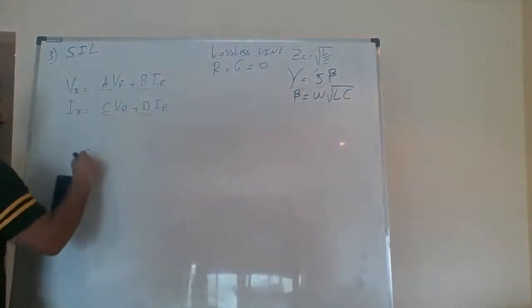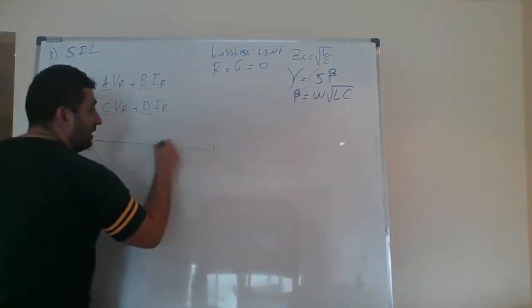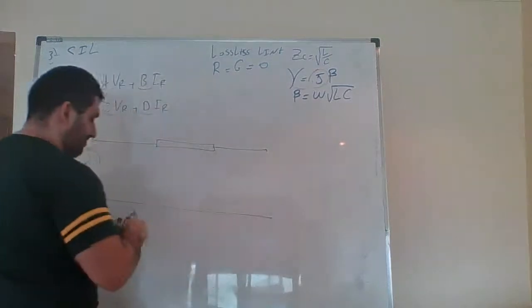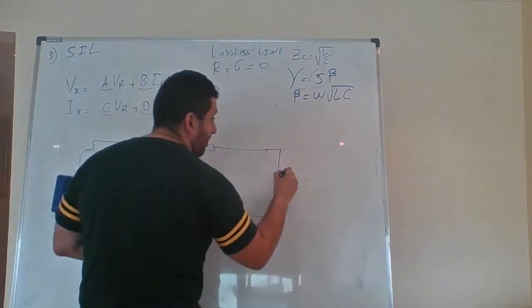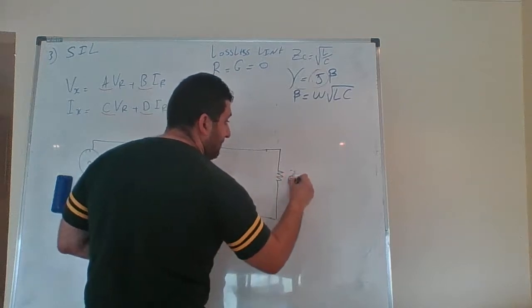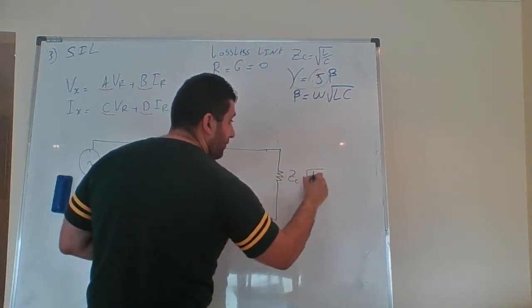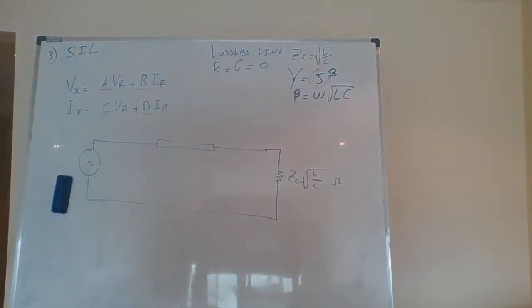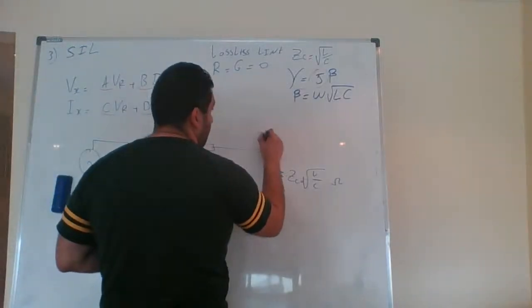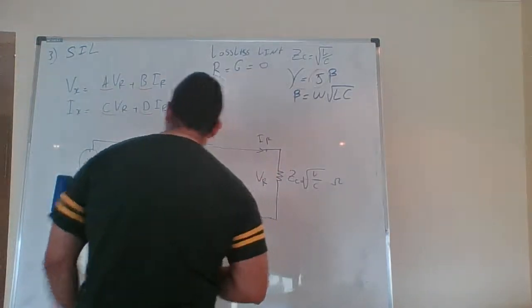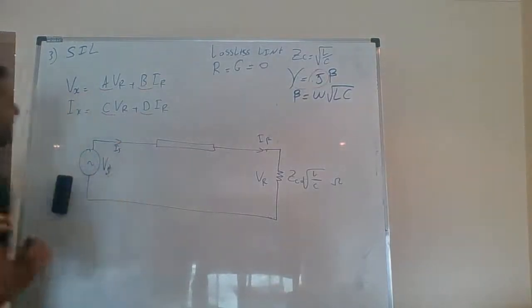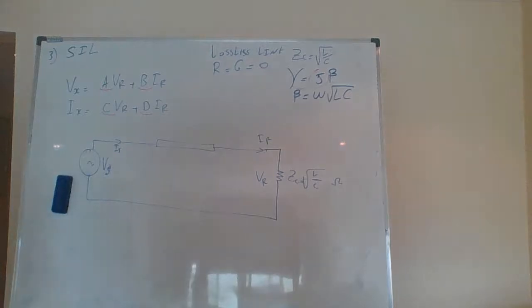So I have a transmission line, and I have the same magnitude, square root of L over C. This is known. This is IR, that's VR, that's VS, that's IS.